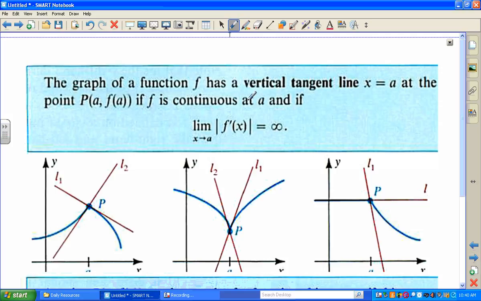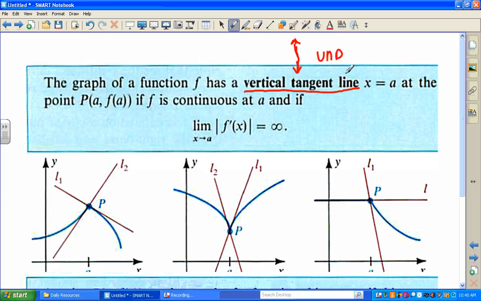This is a vertical tangent line. What's the slope of a vertical line? Yeah, it's undefined.